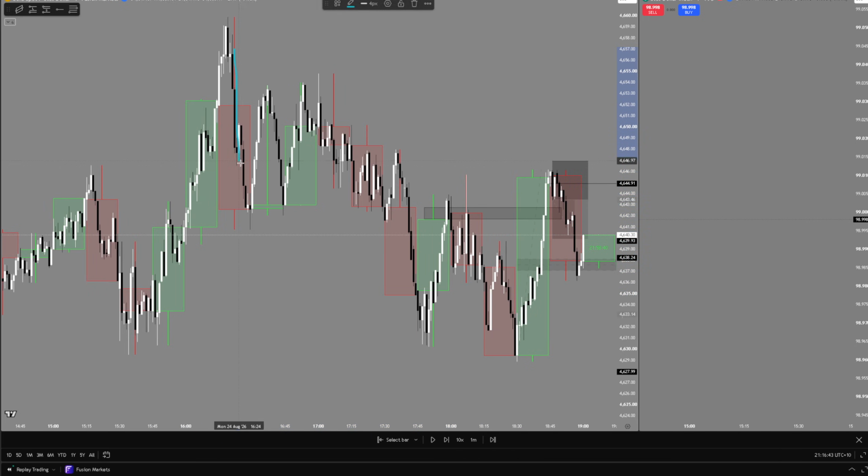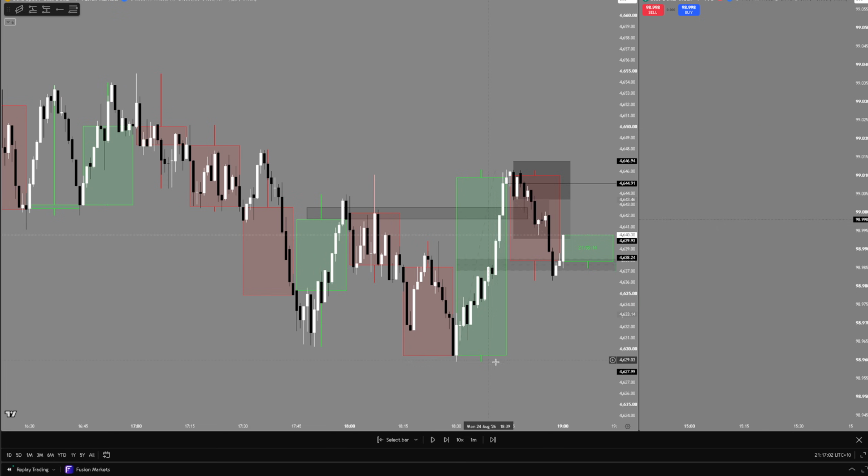If we start from here, we're probably in more of a trending range down, but it's more of a range, especially with these. We have big legs, but we have little legs here too, so good conditions.